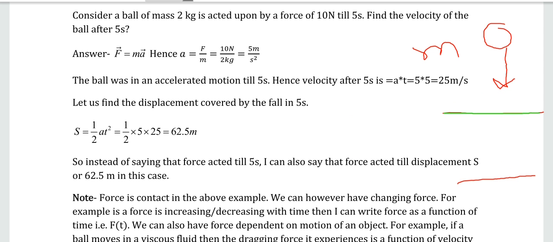The moment I switch off the gravity, you know what happens? When the ball reaches the green position, say it has achieved a velocity v final. This final velocity at the green position was due to the acceleration it was going through.